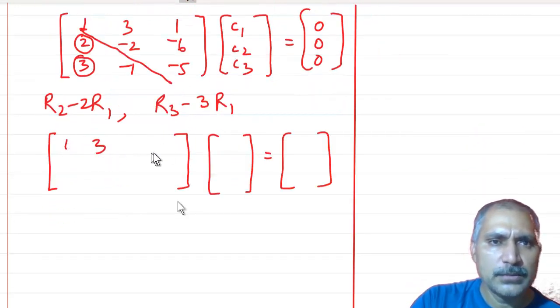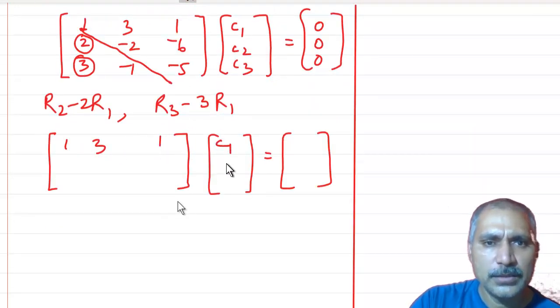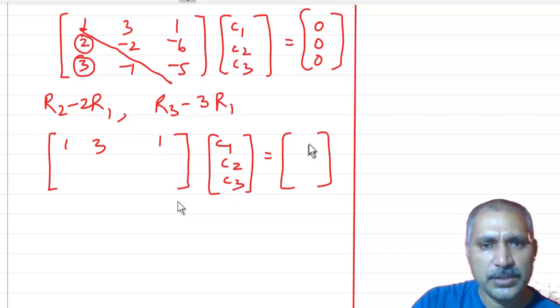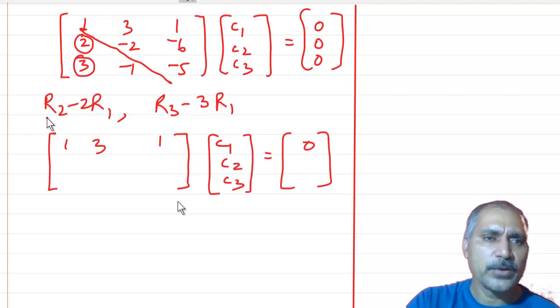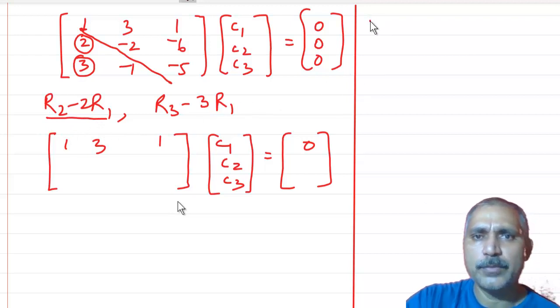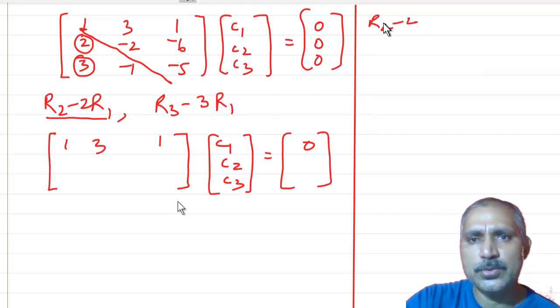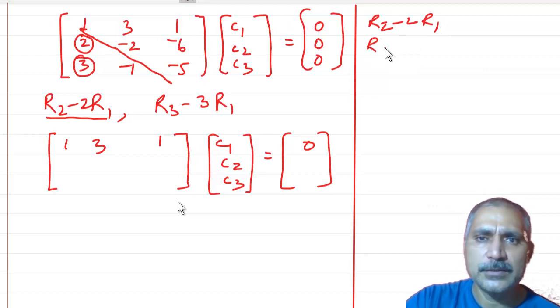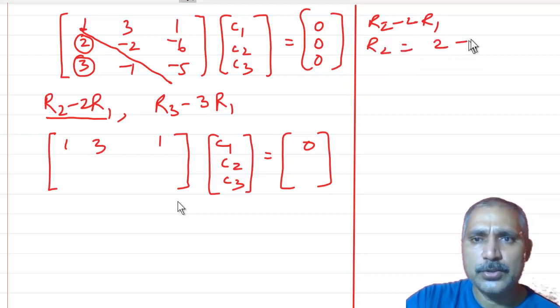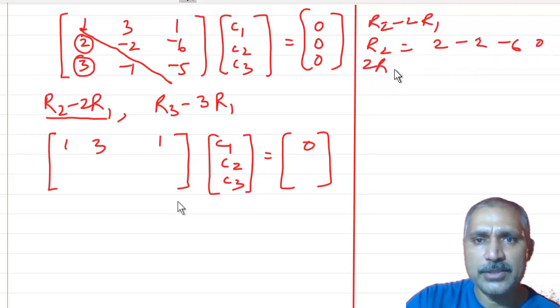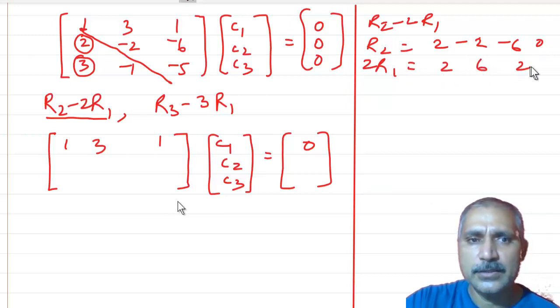We write 1, 3, 1, C1, C2, C3 and 0. We are doing the operation on row number 2. The operation is R2 minus 2 times R1. The R2 elements are 2, minus 2, minus 6 and 0. 2 times R1 will become 2, 6, 2 and 0.